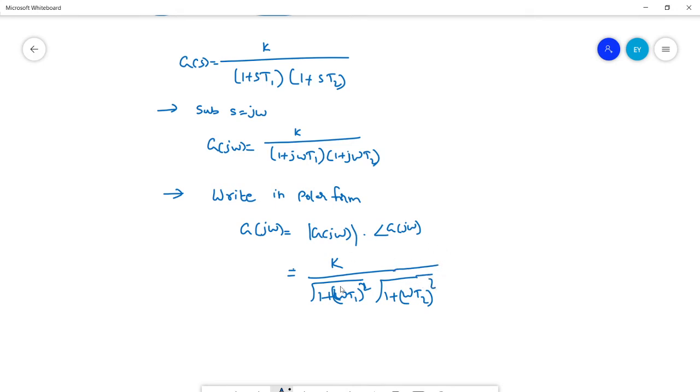This is nothing but the magnitude. And what is the phase? The phase is the angle minus tan inverse of b by a.